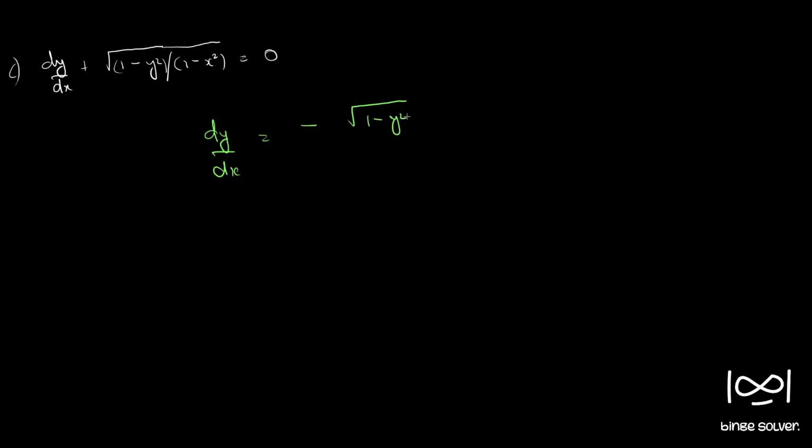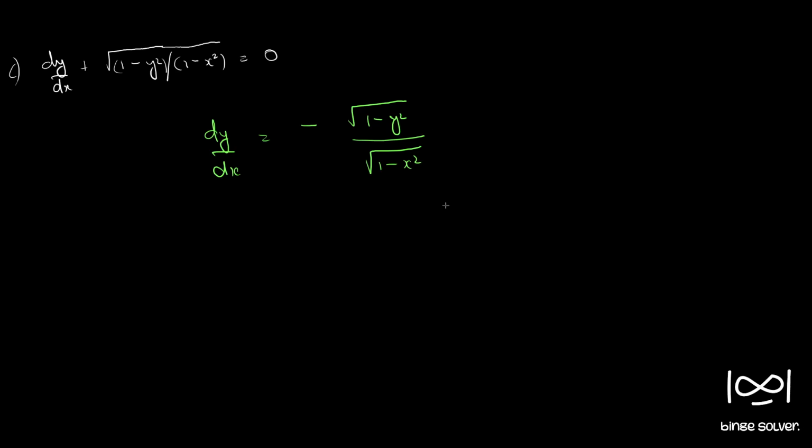So just going to a new page. Let's solve that question as part C. So part C is this: dy by dx equal to minus root of 1 minus y square by root of 1 minus x square.